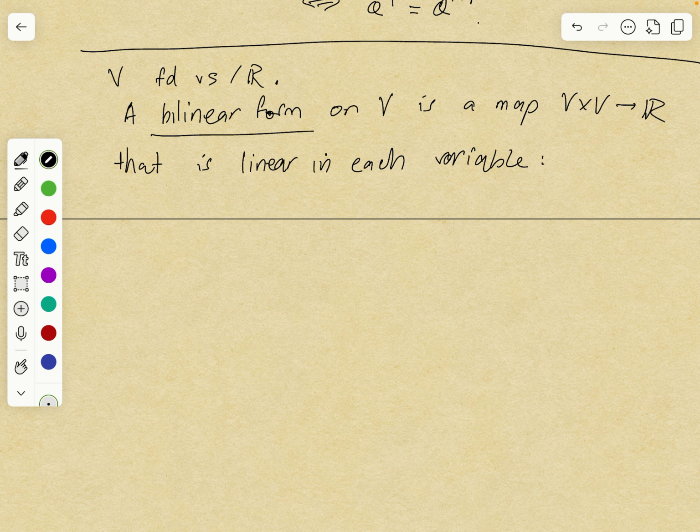Okay, what does that mean? I'll write it out like this. Anyway, the bilinear form is written like this. It's like a dot product, except it takes two vectors in V and it spits out a real number. So it needs to satisfy these properties. This is a linearity condition.